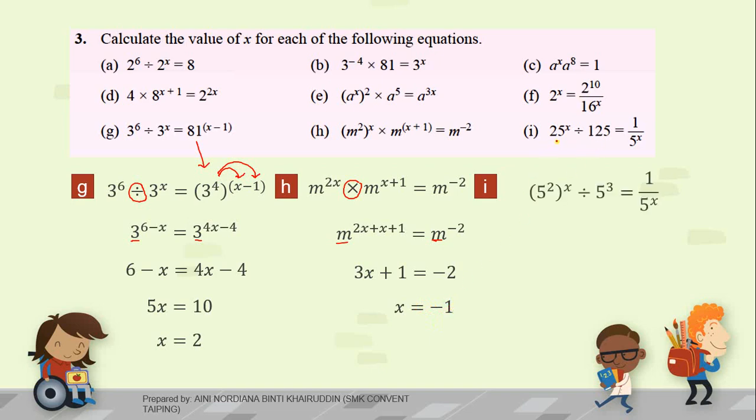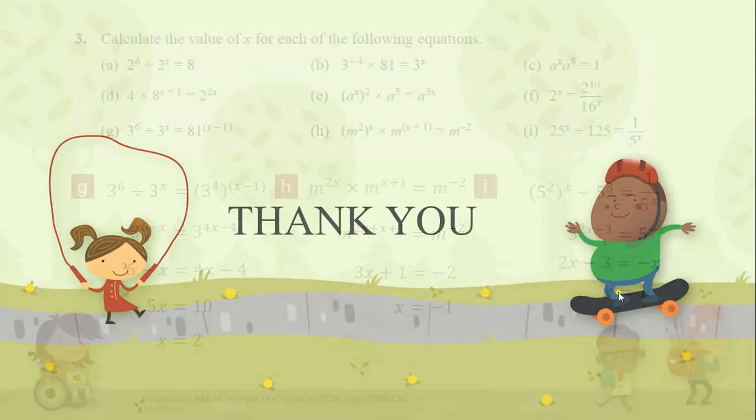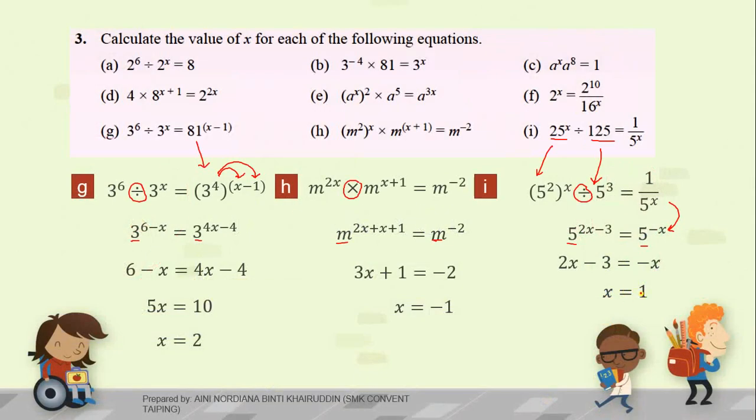For I, change this to 5 square, 125 to 5 cube. So this remains unchanged. And 5 to x minus, because this is divide. So I change this to negative index form. So the bases are now equal, then the indices are also equal. So this is the value of x.